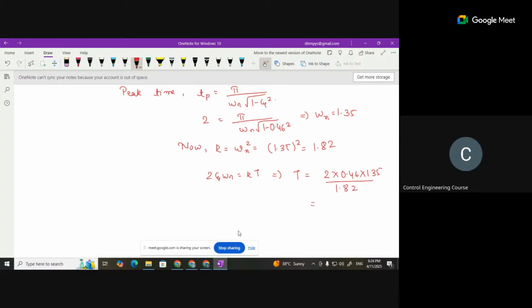So how much is the value of t? You're getting it as 2, I think. 2 seconds. Yeah.